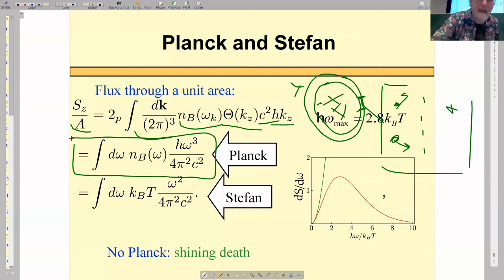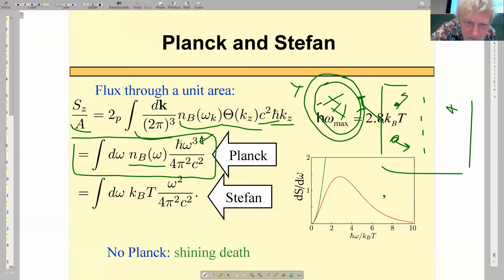It contains the Bose distribution function, and it contains a factor proportional to frequency. Photons with more energy contribute more to the flux, but there are no photons above a certain energy.